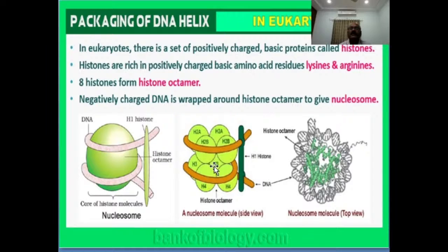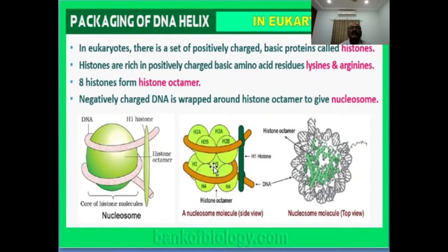In this histone core, 8 histones are there: H2A, H2B, H3, H4. Four types of histones are there. In the histone core, 2 H2As, 2 H2Bs, 2 H3s, 2 H4s, so a total of 8 histones. Each type has 2 histones.